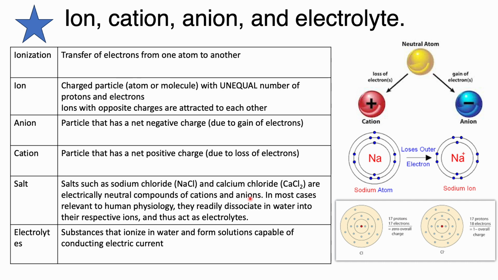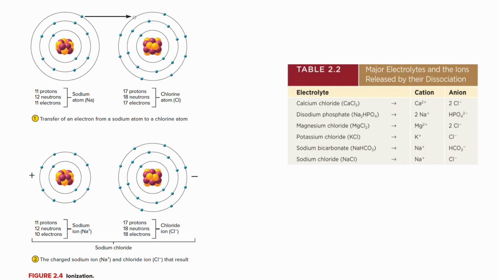So if you put sodium chloride in water, it will give you sodium and chloride. Electrolytes are substances that ionize in water and form solutions capable of conducting electric currents because they have positive and negative charges. So here we have an example, here we have sodium.